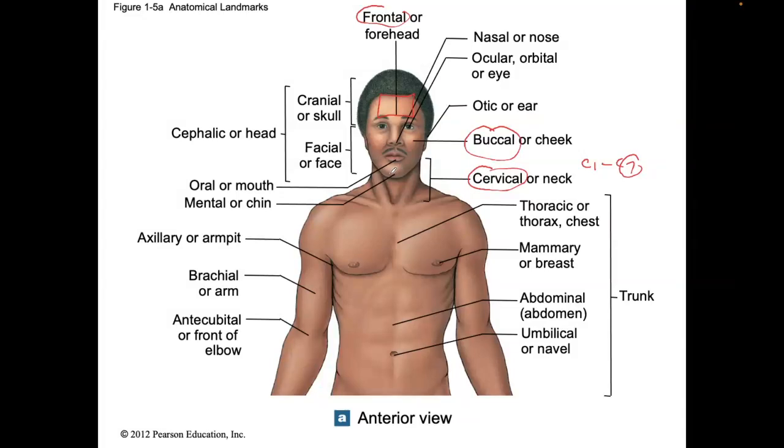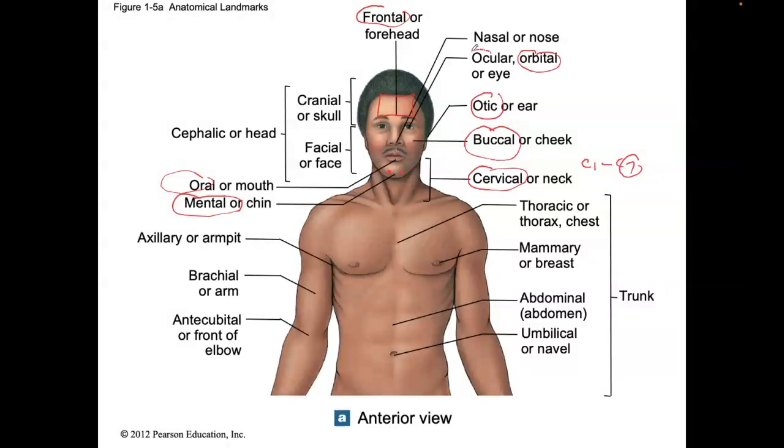When we do osteology and we discover that there are 2 holes in the mandible, those holes are called mental foramen. Foramen means hole, but mental means chin. Oral means mouth. Otic means ear.